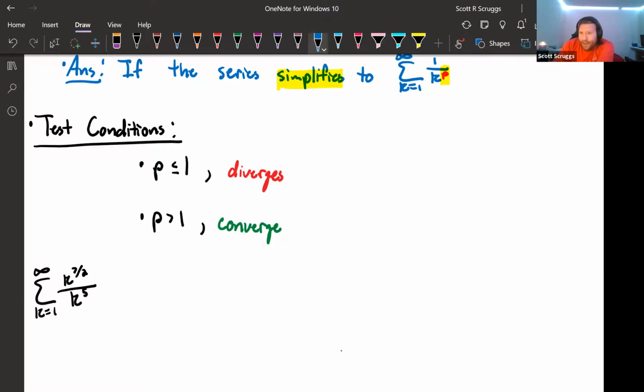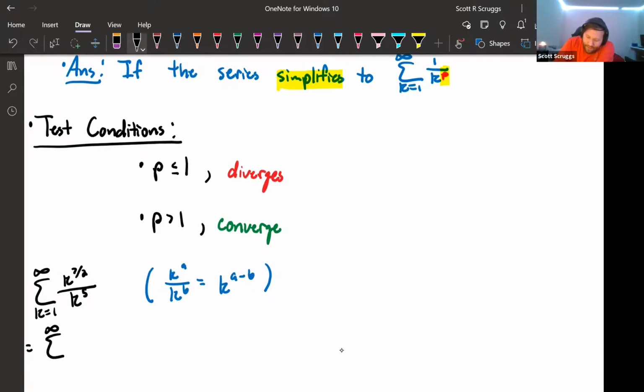But I can simplify that guy because I can use the property that says if I am dividing two numbers with the same base and different exponents, it's exactly the same as subtracting the two exponents.